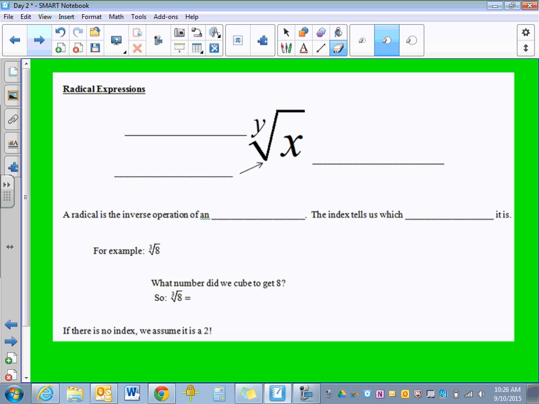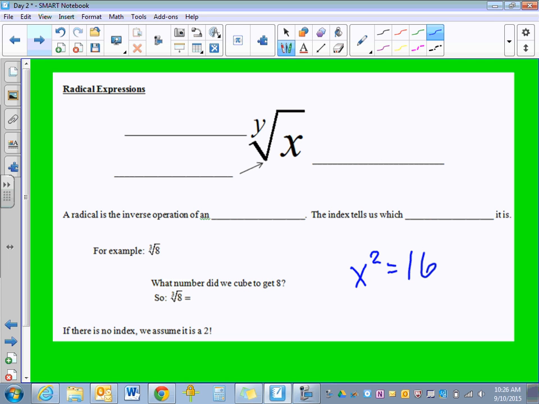Because what if I said some number squared is equal to 16? I'm like, okay, great, we can guess and check. 2 squared, well, that's not 16. 3 squared, that's not 16. But so much guessing and checking, we need to be able to actually just get it quickly.